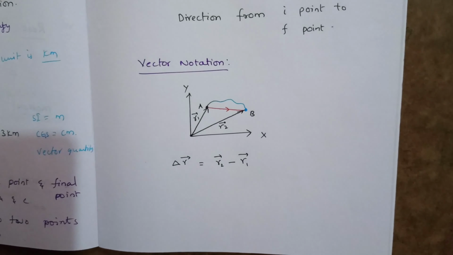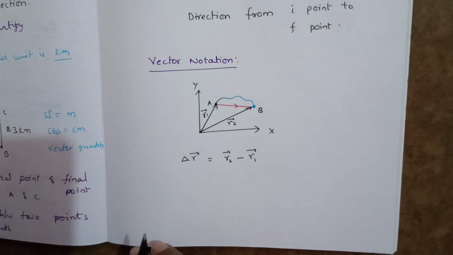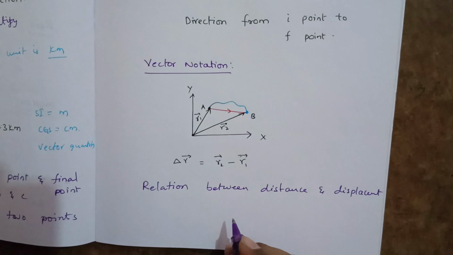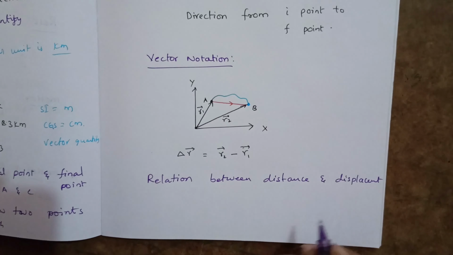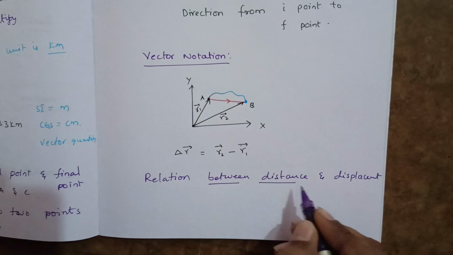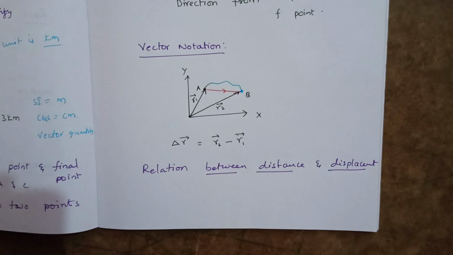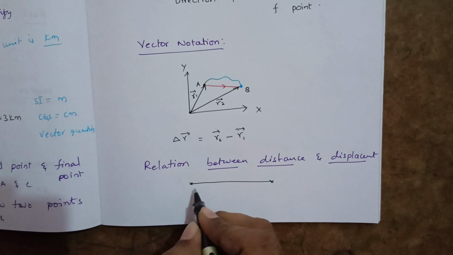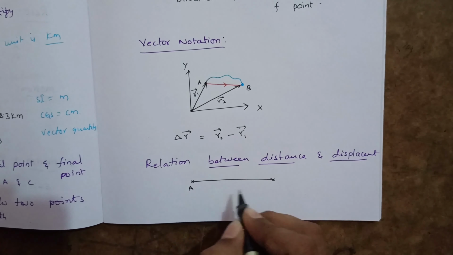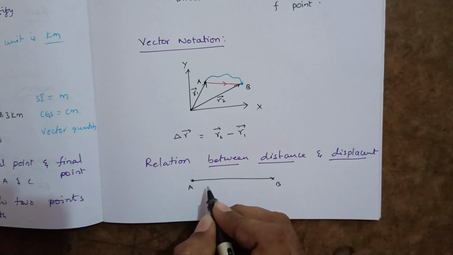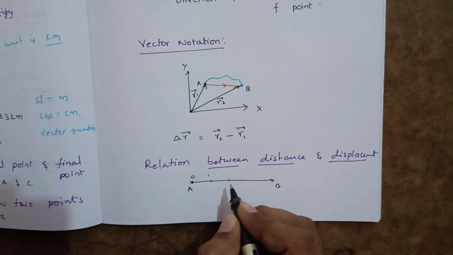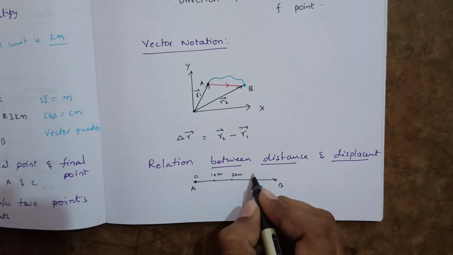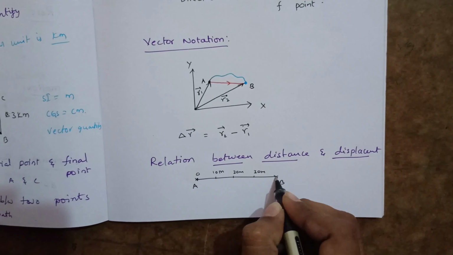Here we are discussing straight line motion in one dimension. Now the relation between distance and displacement. If a body moves from one point to another, for example A to B, let us take a number line 0, 10 meters, 20 meters, 30 meters, and B at 40 meters.